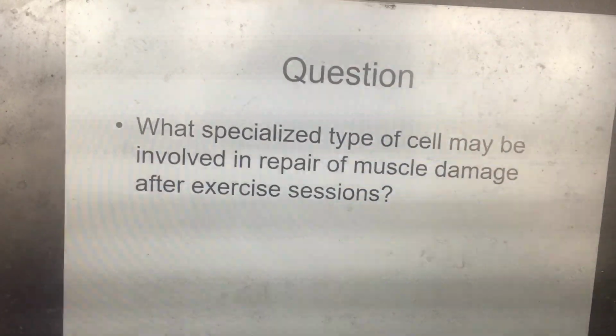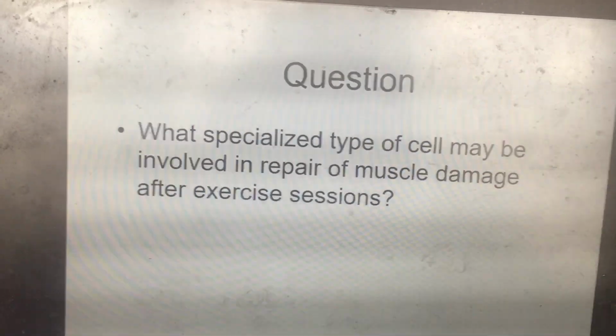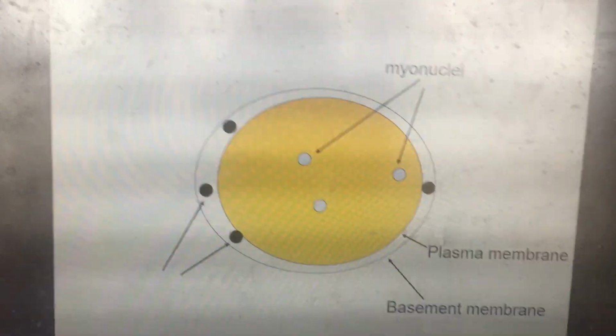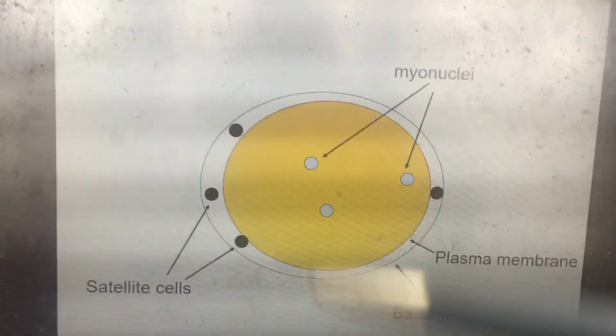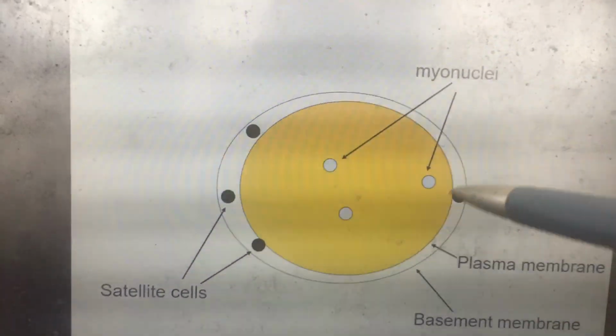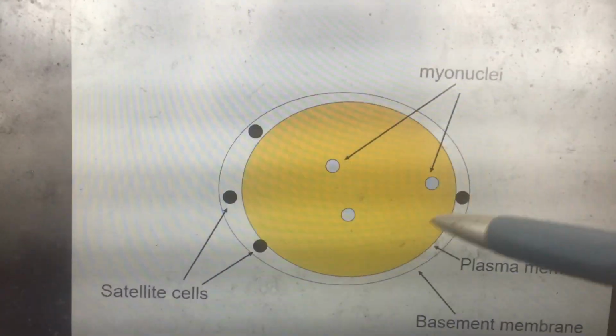Now, this question asks, what specialized type of cell may be involved in repair of muscle damage after exercise sessions? The answer here is these satellite cells. So they act to repair muscle after exercise, and they will aid with protein synthesis.